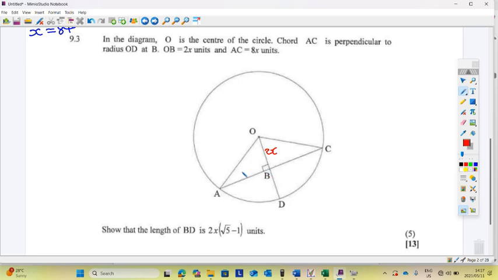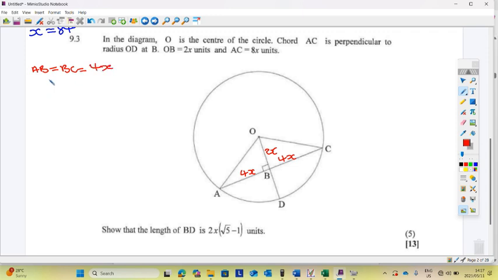So that tells us that this is 4x and this is 4x. We need to write it down there. So we are saying AB is equal to BC, and that is equal to 8x divided by 2, that is 4x.